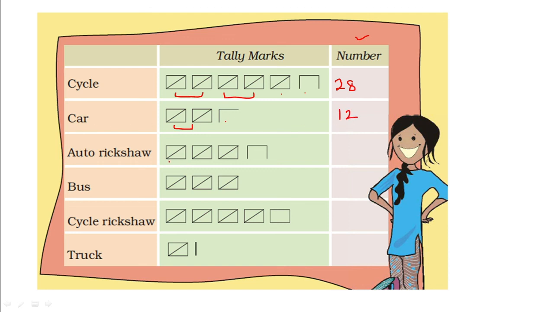Auto rickshaws, 10, 15 and 3, 18. Buses are 15. Cycles, 10, 24. Trucks 6. Okay, so in this way we can convert tally marks into numbers.